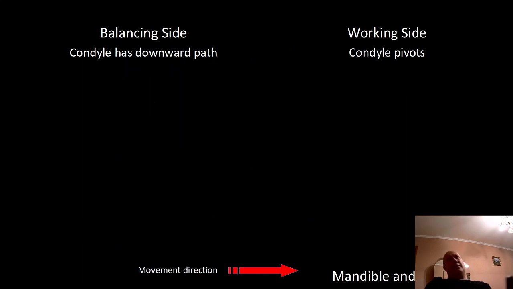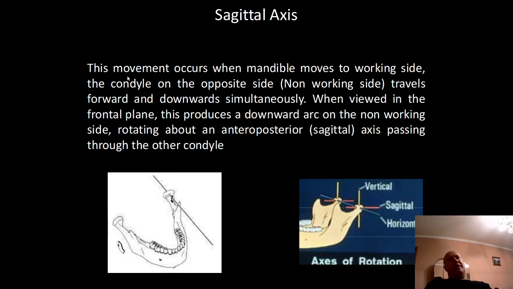This is a small picture. It's very strange, but it is. You can see this is the movement direction. This will be the working side, and this will be the balancing side. Sagittal axis. This movement occurs when the mandible moves to the working side.